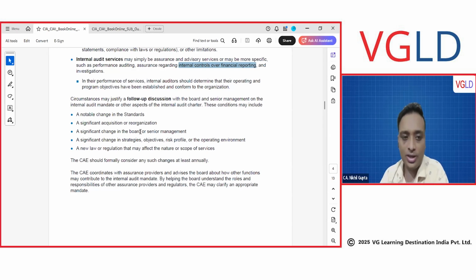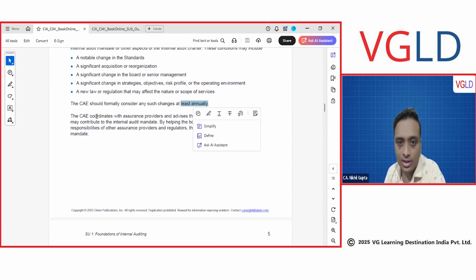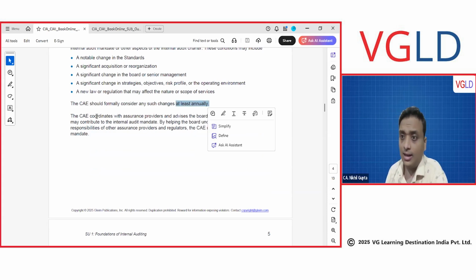The chief audit executive should formally consider any changes at least annually. So there should be a follow-up discussion on an annual basis at least. It can be monthly or half-yearly, based on your own organization, but at least annually. The chief audit executive, just keep this word in mind, because in the examination you can get this question as well.